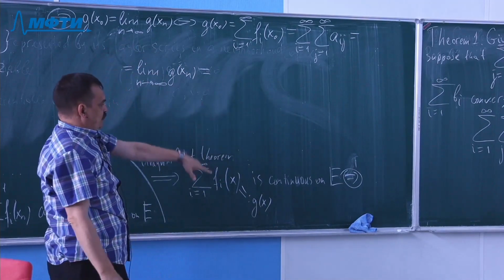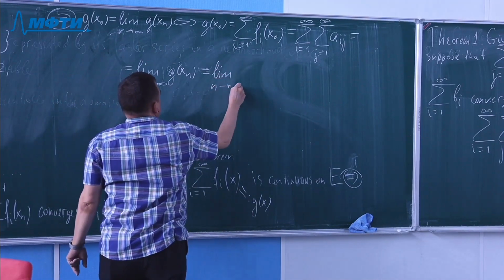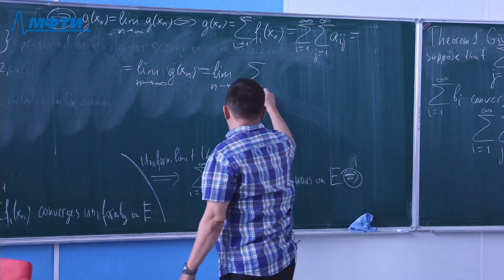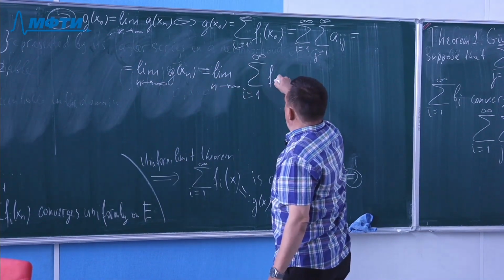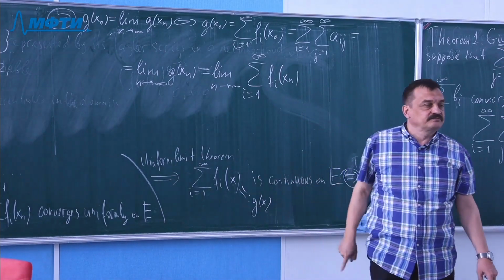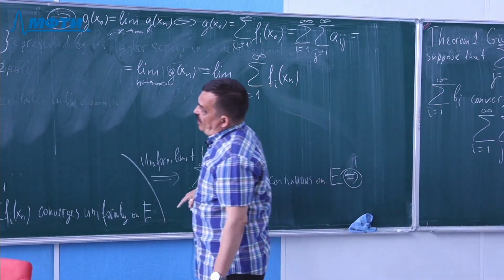Let me write what g of x_n is: limit as n tends to infinity of the sum i from 1 up to infinity of f_i of x_n. I substituted x equals x_n.